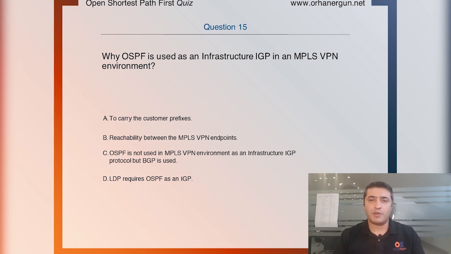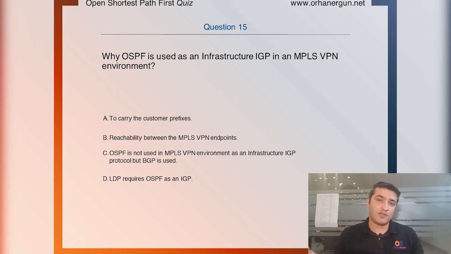To carry customer prefixes? No, not customer prefixes. If we have MPLS layer 3 VPN, towards the customer we can have as a PE-CE routing protocol any routing protocol. It can be static routing, it can be OSPF, RIP, IS-IS, even EIGRP, all of them, right? But customer prefixes between the edge routers of the service provider, the edge routers in the MPLS network, are carried via multi-protocol BGP.